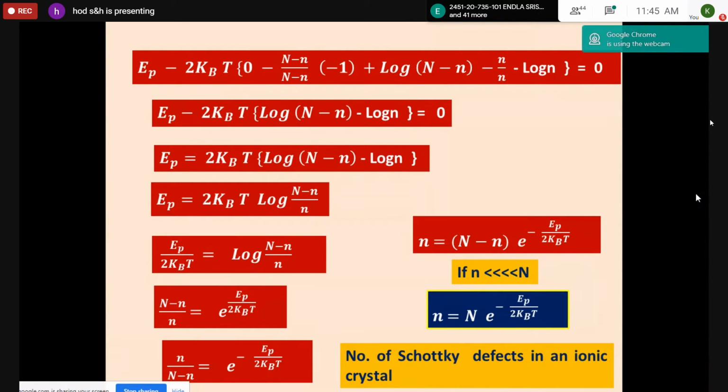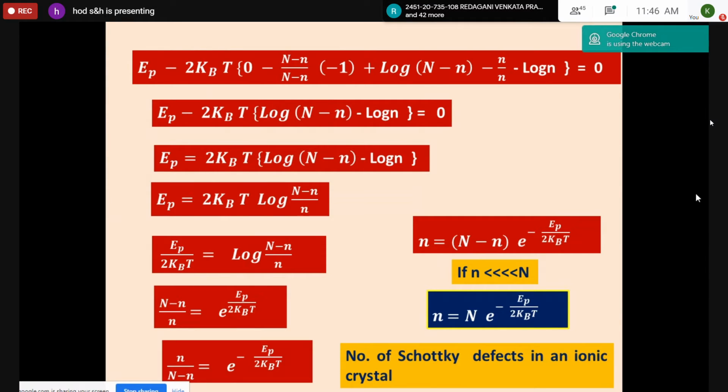So you remove log, so (N minus n) by n is equal to e power Ep by 2kBT. Then you reverse that one. Small n by (N minus n) is equal to, here it will become negative, e power minus Ep by 2kBT. And bring this (N minus n) to the right hand side. Small n is equal to (N minus n) into e power minus Ep by 2kBT.